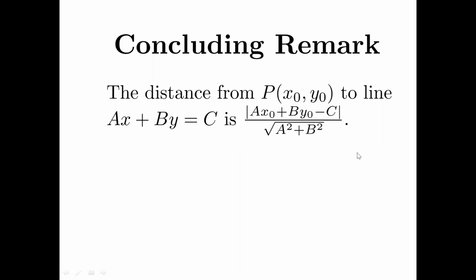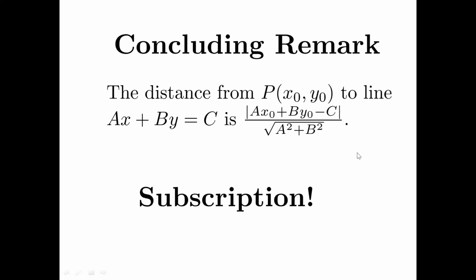The distance from point P with coordinates x0, y0 to the line ax plus by equals c can be calculated by plugging the coordinates into the equation, taking the absolute value, and then normalizing by dividing by the square root of a squared plus b squared. I will continue the journey of normal linear equations, so stay tuned.